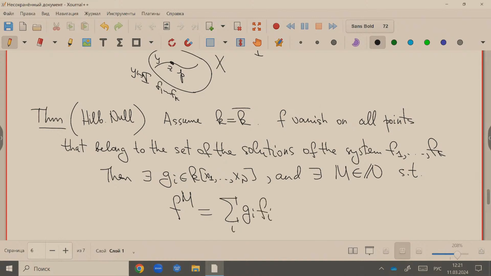So notice that I have written that M belongs to the natural numbers.